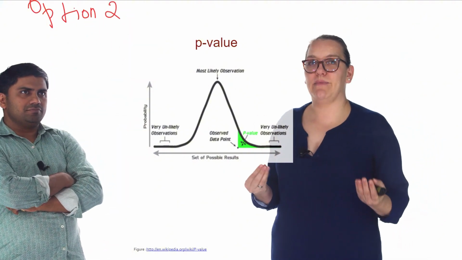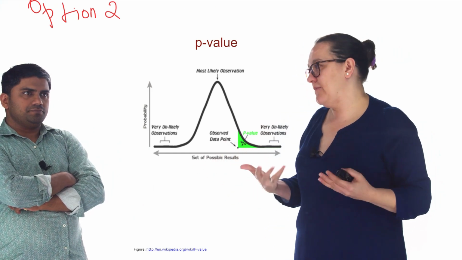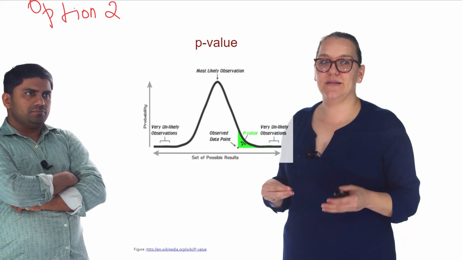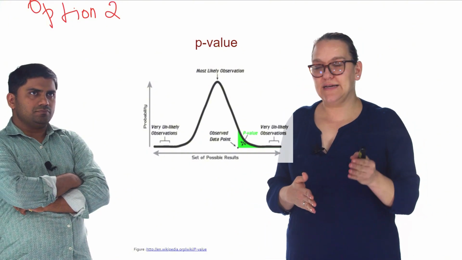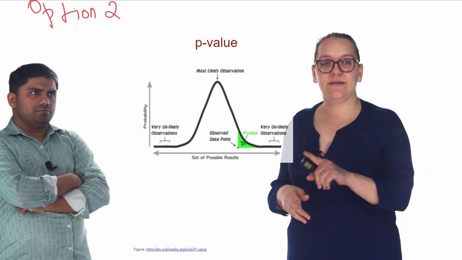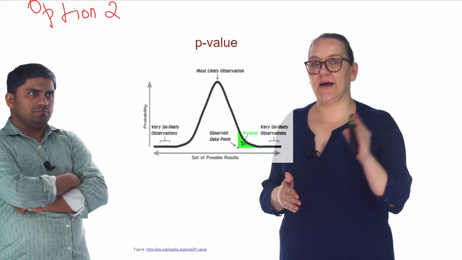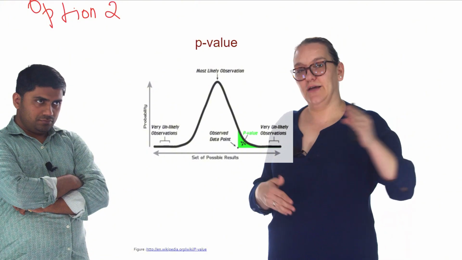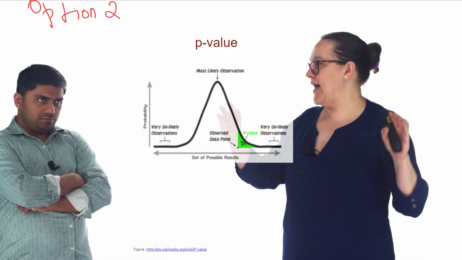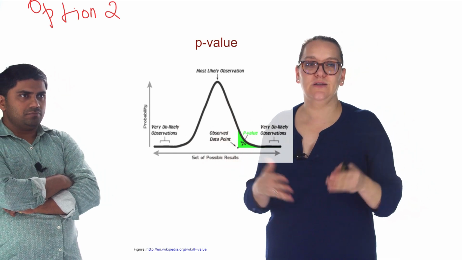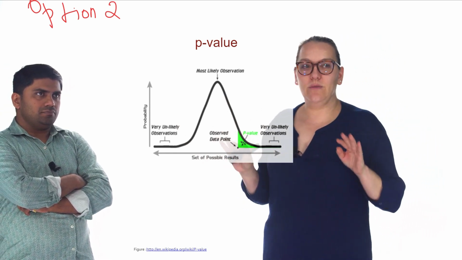So this is the probability. We have a confidence level of 95%, or alpha equal to 0.05. Then we calculate the test statistic, which here you can see as the observed value, and we check what's the area under the curve from that point to the end. If it's a two-tail test, we have it on two sides. Here in the illustration we just have it on one, but depending on the test, it will be different.